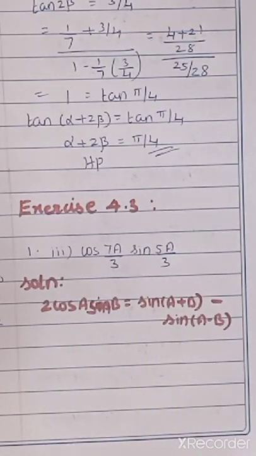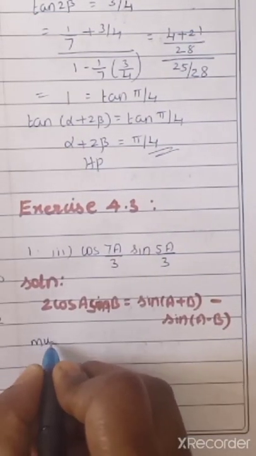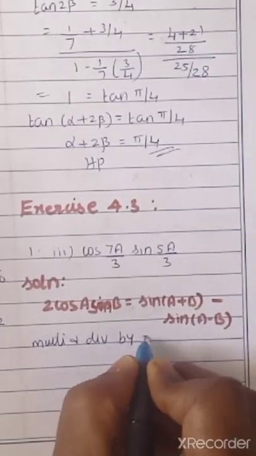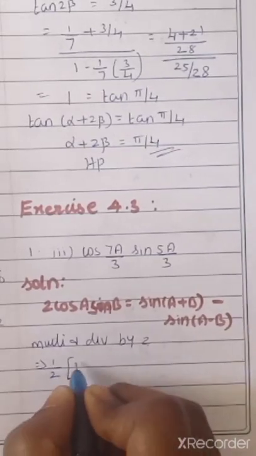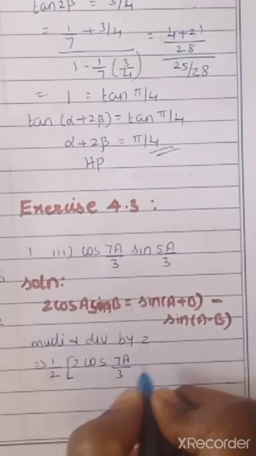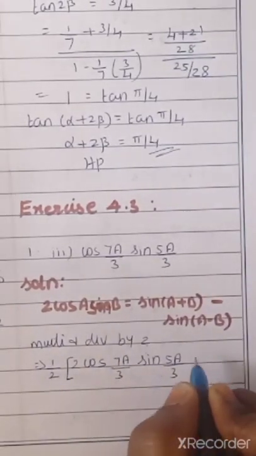So we can multiply and divide by 2. What you will get is 1 by 2 into 2 cos 7A by 3 sin 5A by 3.